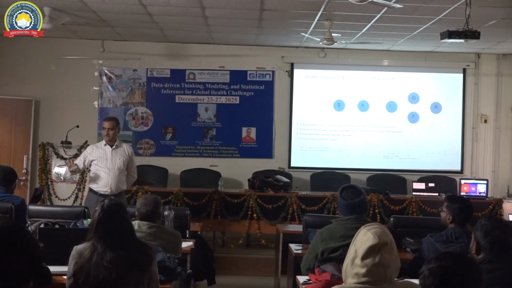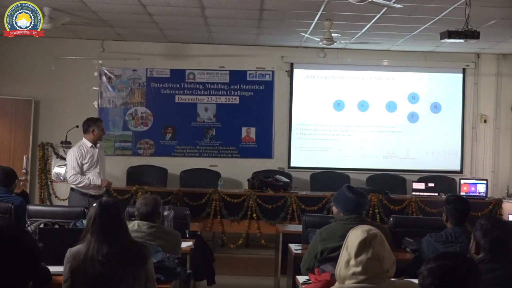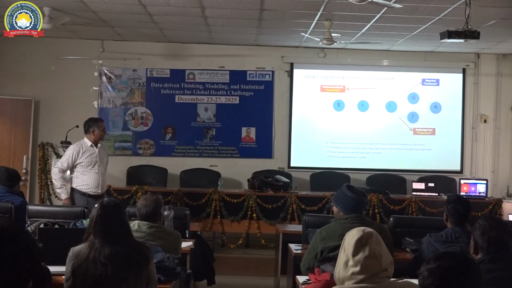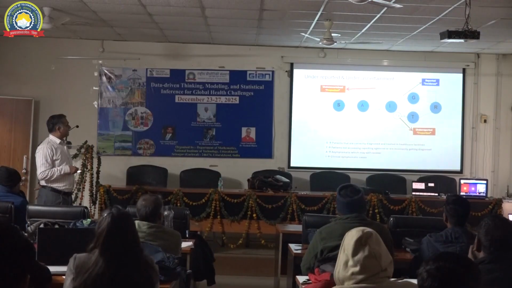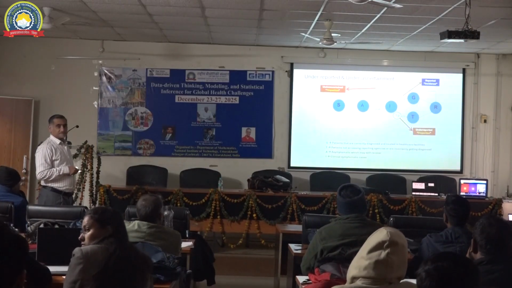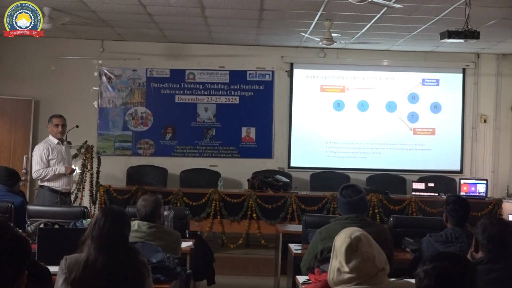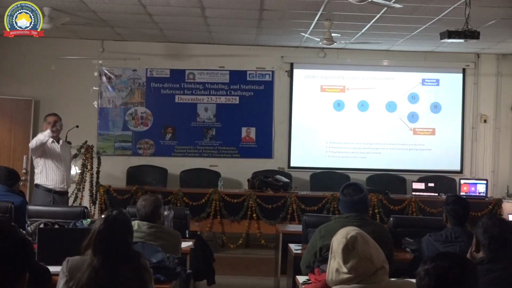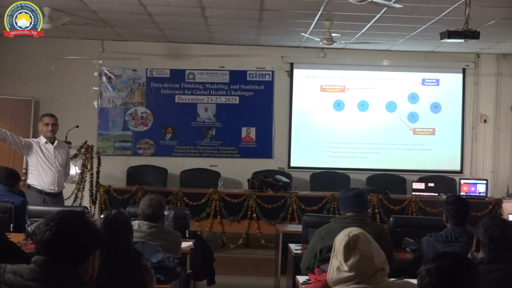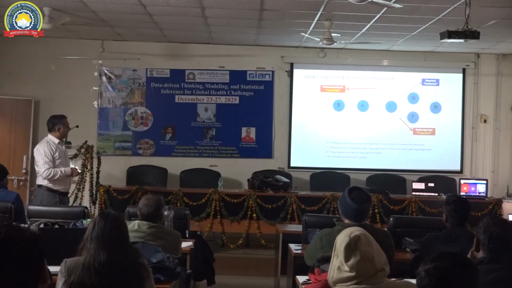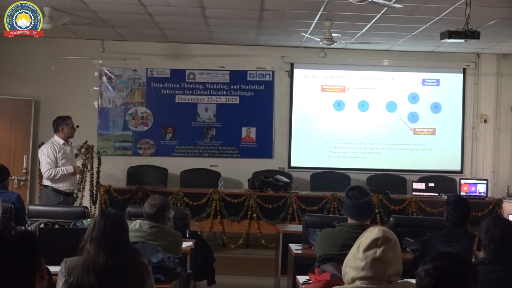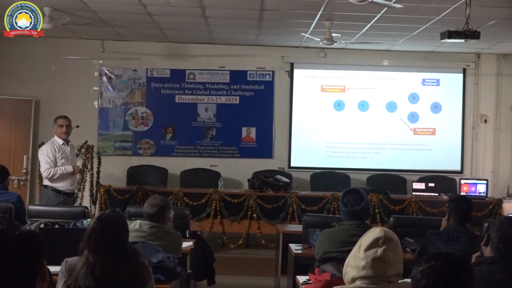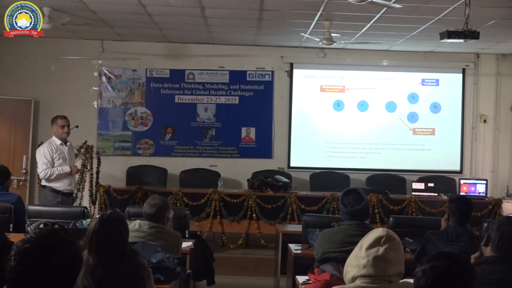That population is P. So these are the people who are under assessment. Q is the fraction of people that will recover by themselves and you will never know that they are infected. And 1 minus Q is underreported. Underreported means they are not getting treated or reported in the government facility.